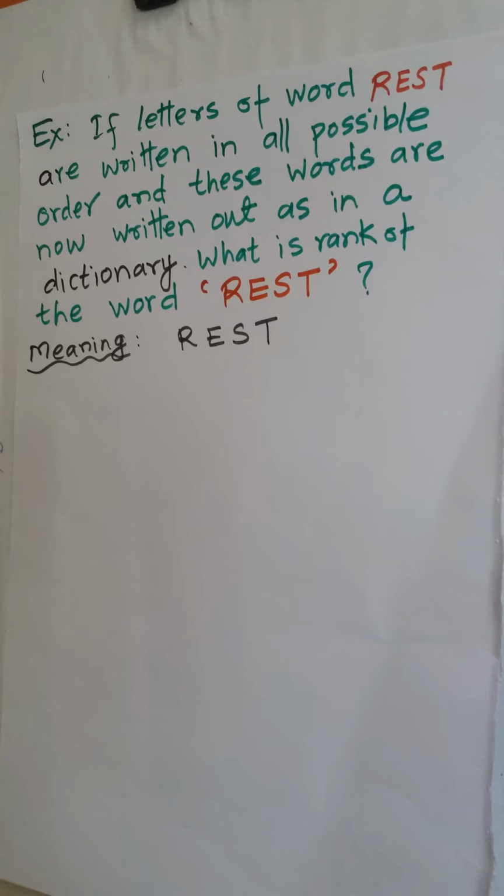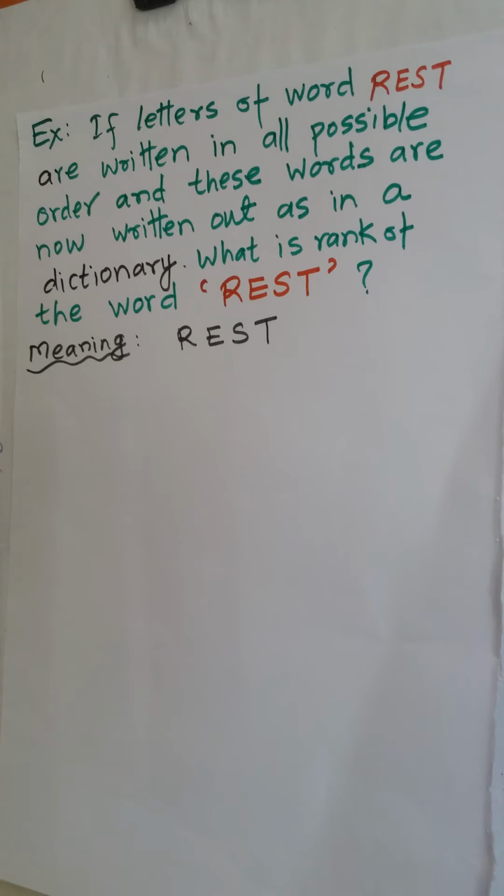In a dictionary, the words are written according to their positions in the alphabet. The closer they are to the start of the alphabet, the earlier they come. Every letter has a rank in the alphabet, like A has rank 1, Z has rank 26, and so on.